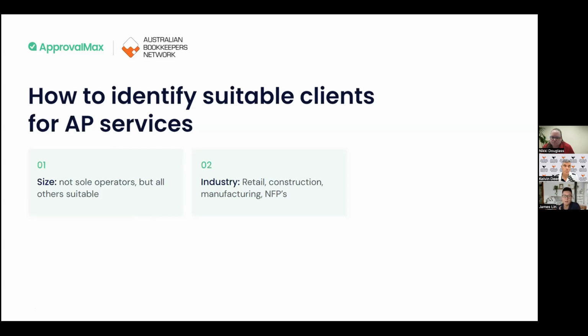And then you've got other industries like retail and construction or manufacturing. Those typically have high transaction volumes or complex payment terms and have a stronger desire to manage their supplier relationships as well. So those are really good industries as a fit for AP as a service.